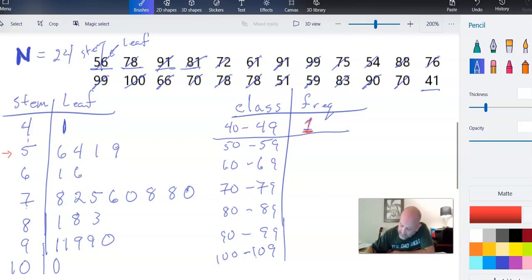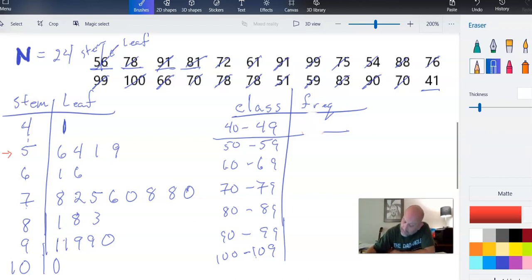Actually, maybe if I switch to pencil, there. I'm not sure that's better. There we go. Okay, now if we look at the 50s, anything that falls between 50 and 59 in this range, or in this data set, will count towards this frequency.